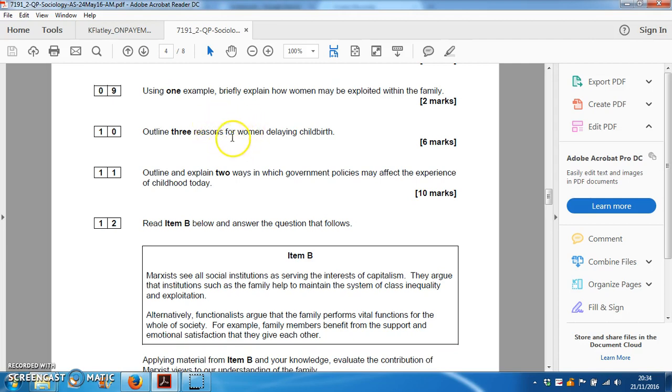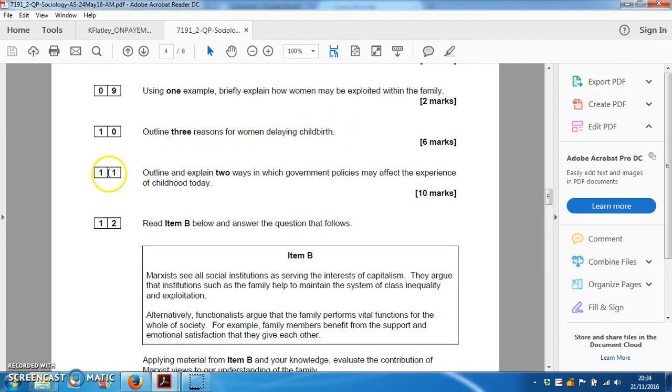And make sure that you are clearly saying why they are reasons to delay childbirth. Some students last year did identify why women were putting off having children, and that meant that they lost some of the explanation marks. So make it really clear that you are answering the question here.